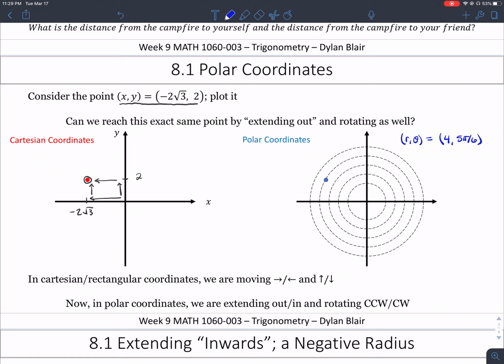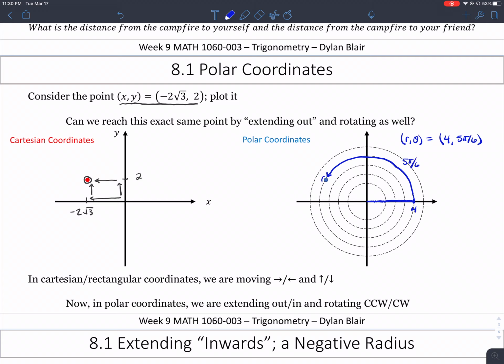We're just going to talk about this right now. We'll talk about how we find it in a future slide. So you notice we already have these dashed circles. We're saying that we're extending out by a radius of 4, so all the way out until we get to here. So this radius is 4, and then we rotate around by 5 pi over 6.